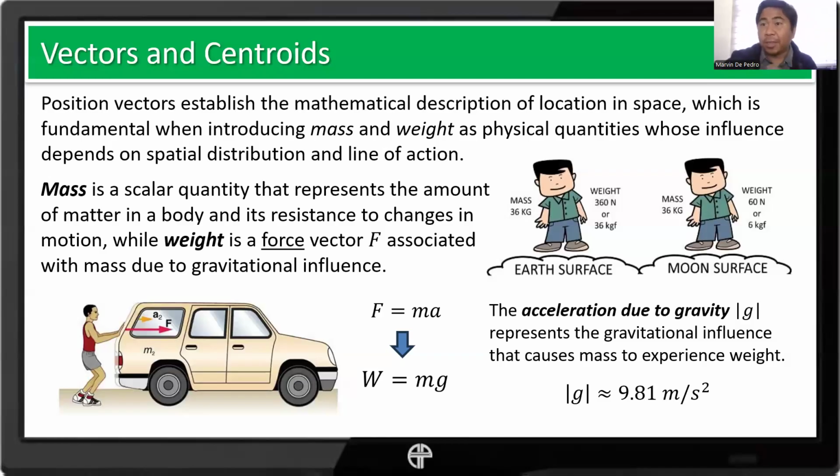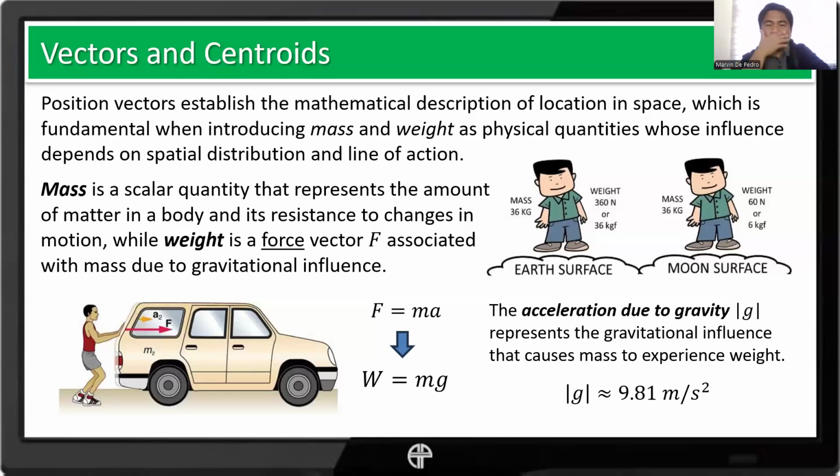Vector is another thing that we're going to talk about in the next slide. Weight is a force. Just remember, mass is a scalar quantity while weight is a vector quantity because it is a form of force. That force is associated with the mass due to gravitational influence. So you have your mass, and because of the gravitational pull, which has an acceleration of 9.81 meters per second squared, your mass now becomes your weight.